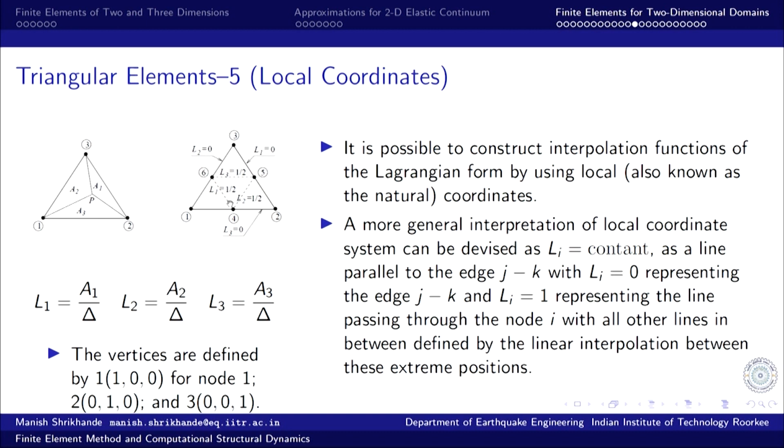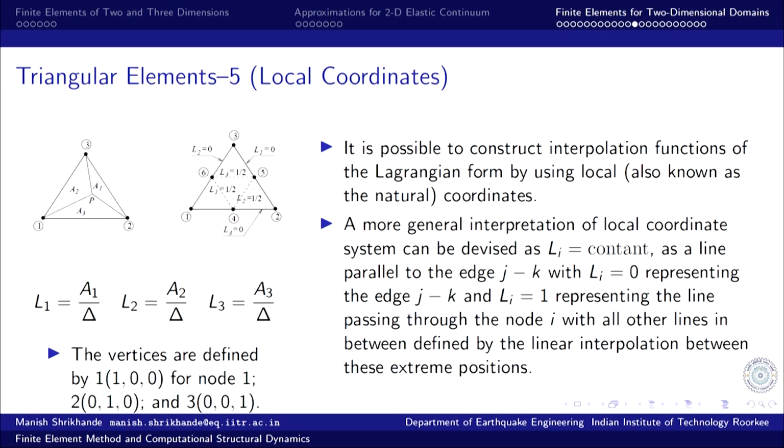At this particular value, the equation of this line is L 1 is equal to half, right. Or in other words, twice L 1 minus 1 is equal to 0. So, L 1 minus half is equal to 0, or twice L 1 minus 1 is equal to 0.